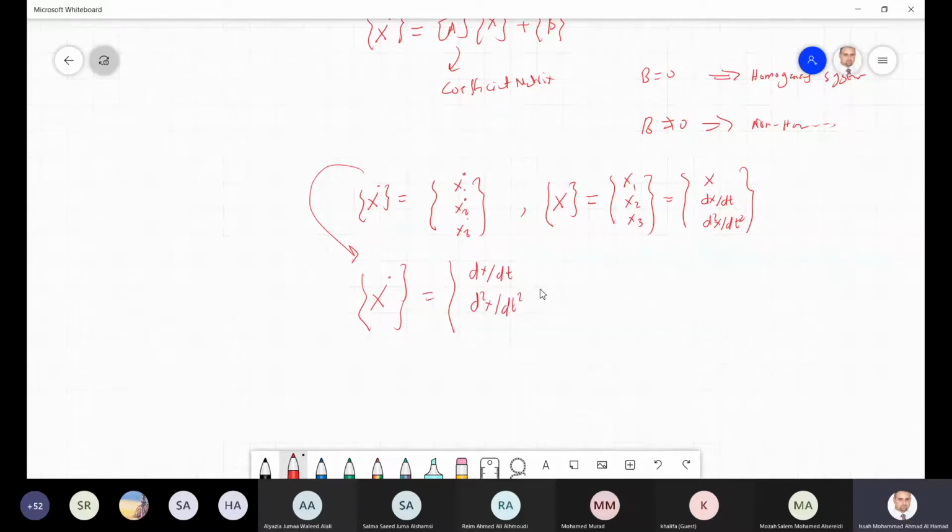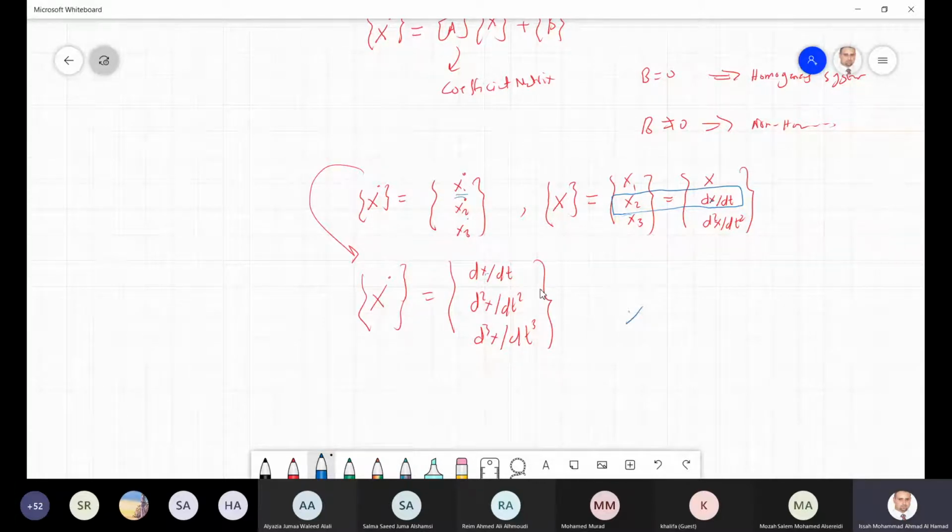If you look here, you will see that x2 equals dx by dt. However, dx by dt equals x1 dot.